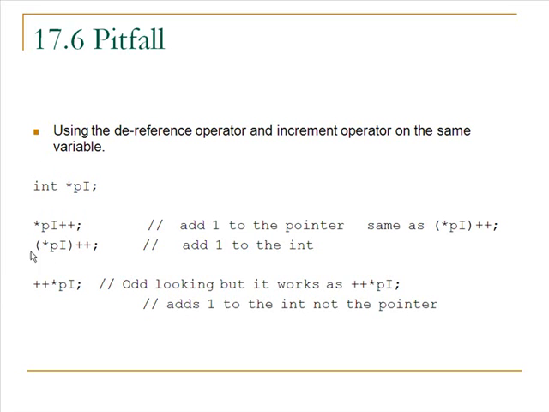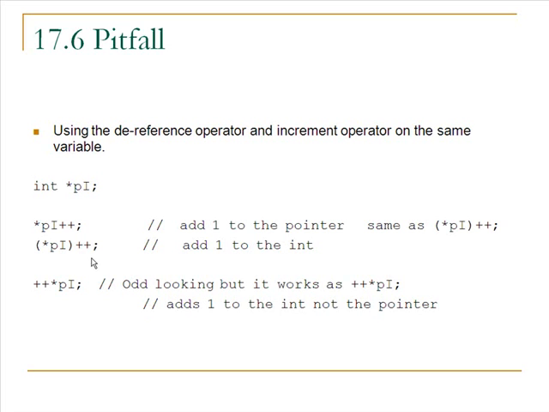The increment operator, this example is a post-increment operator that grabs onto what's on its left. So this increment operator grabs onto pi, which is what data type? It's an int pointer. The second example, with the parentheses, grabs onto what's on its left, what's pointed at by pi, and its data type is an int.